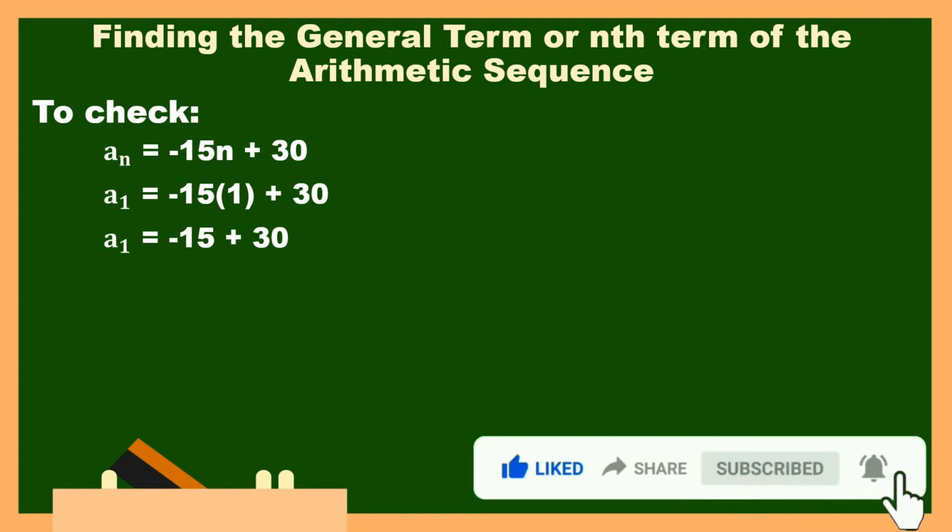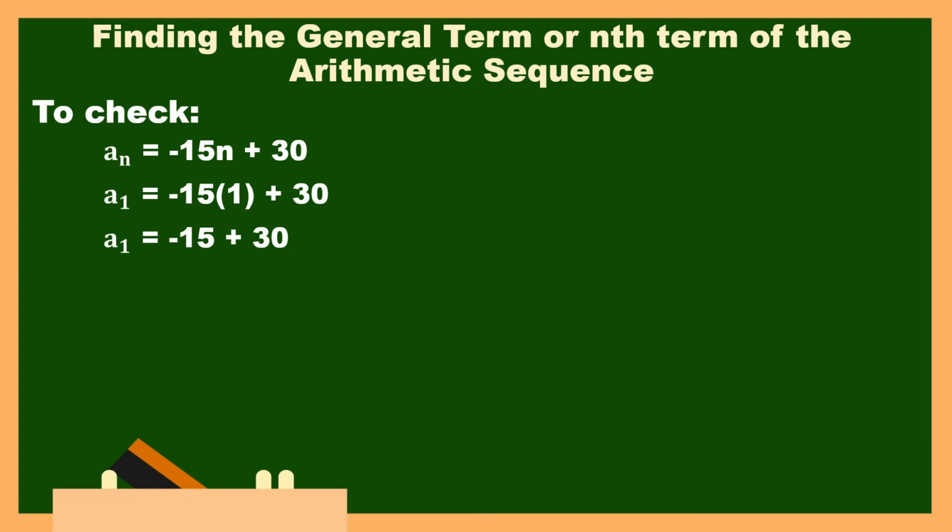So, 15 times 1 is 15. Then, ngayon, isimplify na natin, negative 15 plus 30, as you can see, they have unlike sign. Kaya, tayo ay magso-subtract. So, bawasan natin ang 30 ng 15, the answer is 15. So, ang value ng first term natin ay 15.